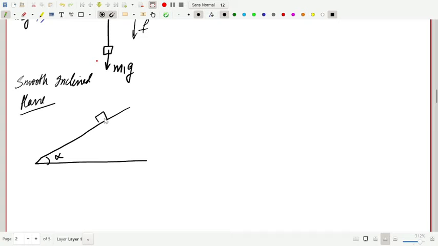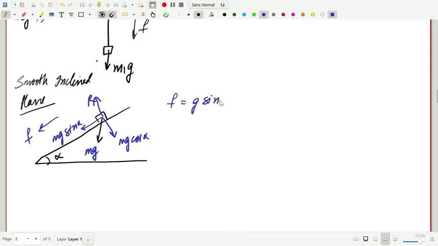I'm just telling you about the acceleration which we will take. Here it is mg, mg cos alpha, mg sin alpha. Here it is reaction. Here the acceleration f we take is g sin alpha.